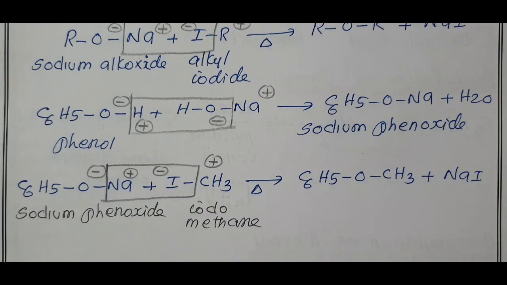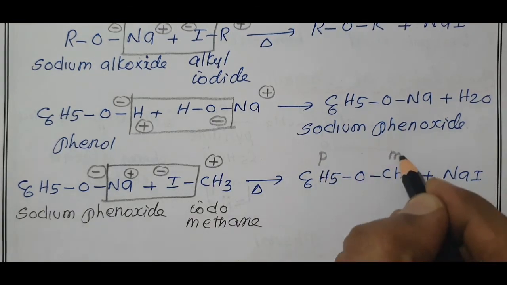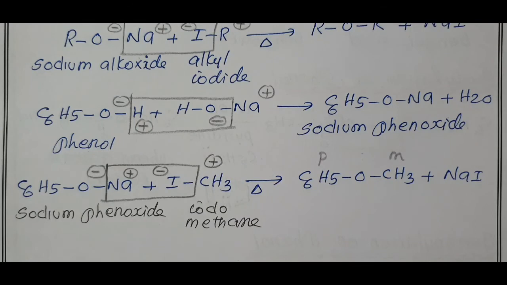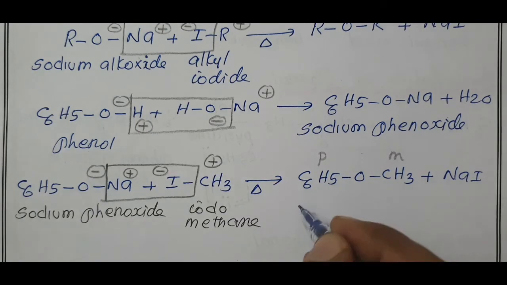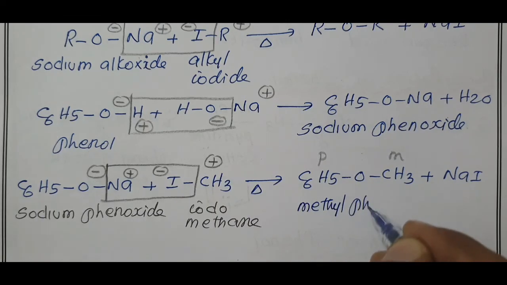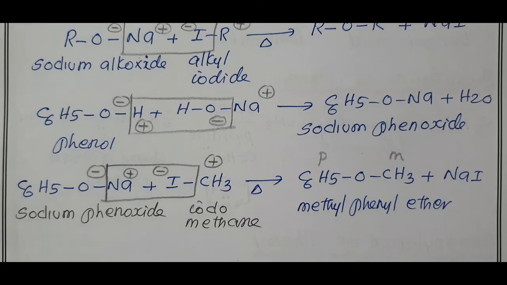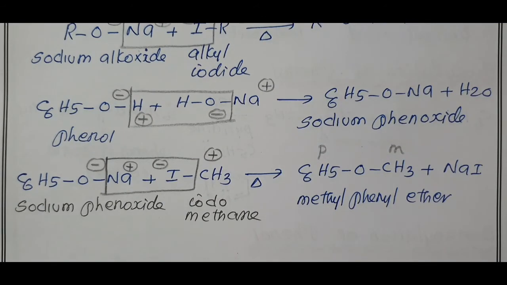Now, what is the name of this compound? We can give three names for this compound. This one is the phenyl group, that one is methyl. So, in alphabetical order, we can give the common name methyl phenyl ether. This is one name, the common name. Another name, anisole, that is very important.